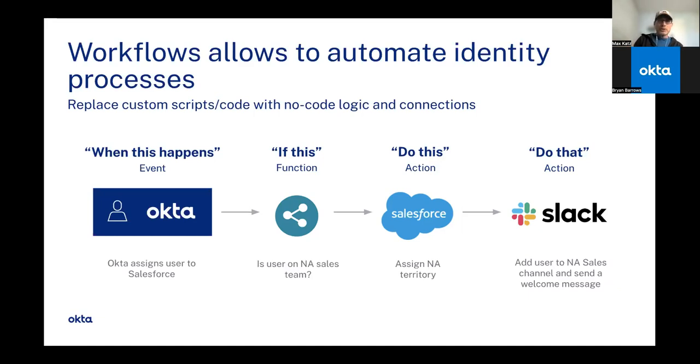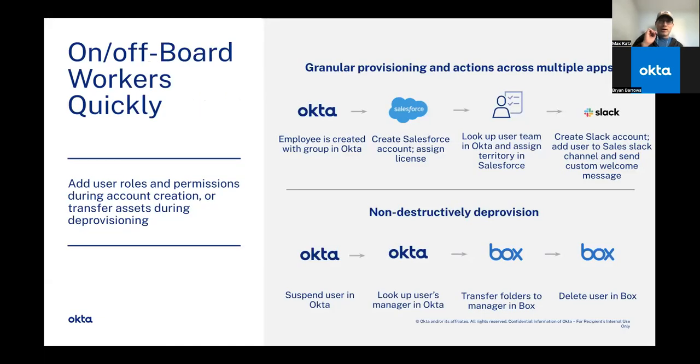Okay. So let me give you a few more high-level examples before we jump into the demos. Onboarding, offboarding. The example at the top is the one that I just shared, where someone joins, they're assigned to Salesforce, or there's an account in Salesforce, and then they're assigned to a territory, and they also get assigned to a Slack channel. But of course, it also works when people leave, right?